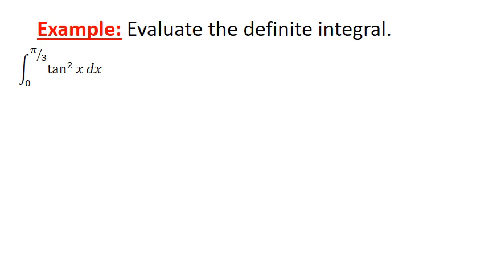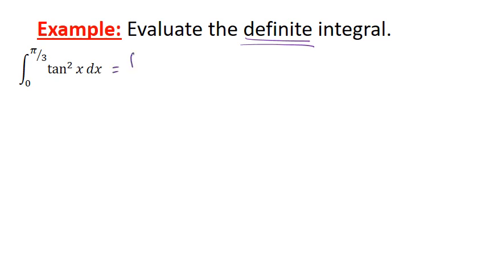Our last example involves a definite integral this time. And again, this is a definite integral because I have these limits of integration here. So looking at this, tan squared of x, I don't have any rule for tangent squared. So what I'll do is rewrite this using a Pythagorean identity.